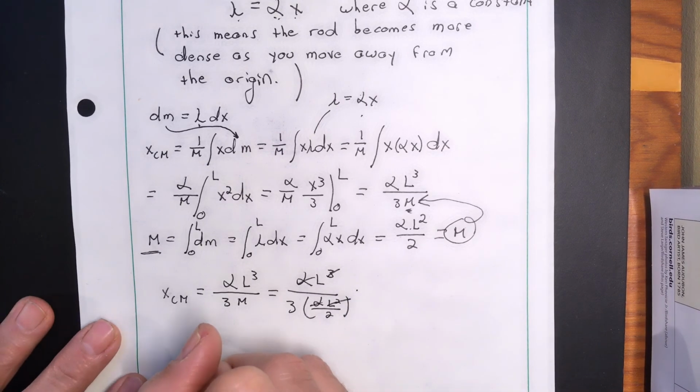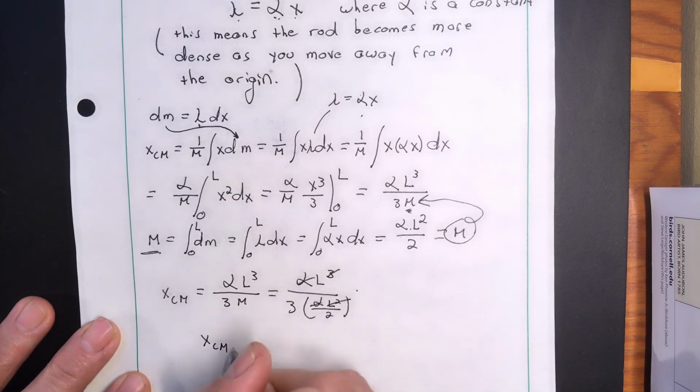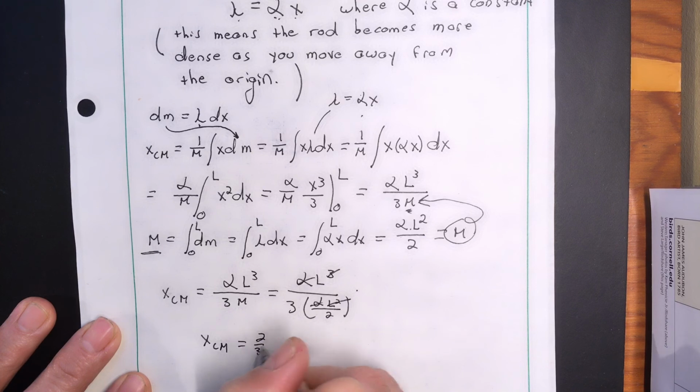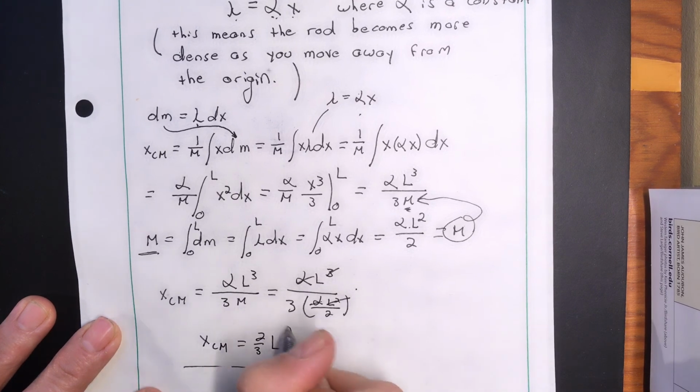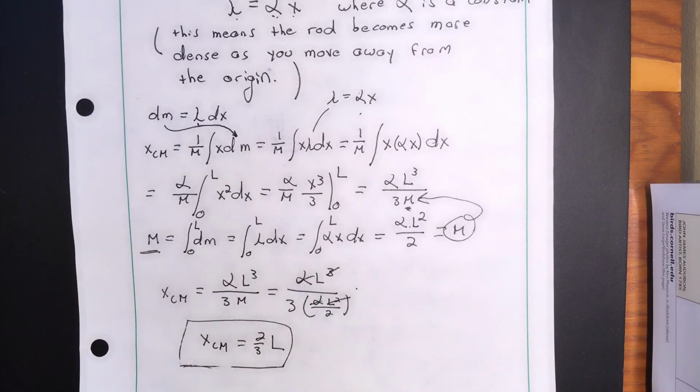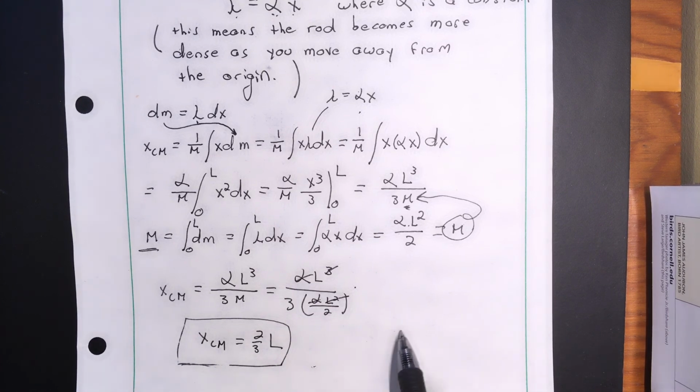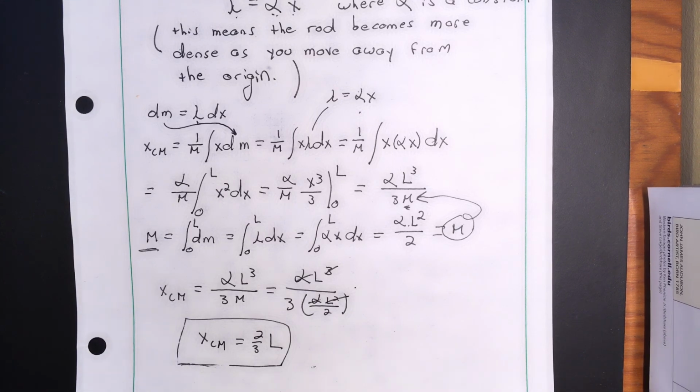So we end up with the center of mass at 2/3 L, which, if you think about it, is really not a surprise, as the density varies linearly from a minimum at the origin to a maximum at L. You'd expect it to be right there. So again, not a complicated problem, but it gives you confidence that the procedure works.